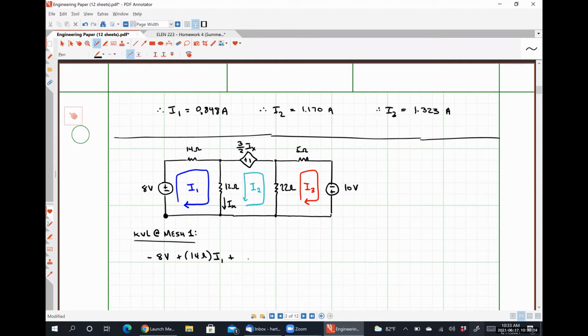Next, I see my 12 ohm resistor. And it has a current of I1 flowing down through it, because as we follow I1 around its clockwise path, it's going down. But as we follow I2 around its path, it's also going down. So that means that we're going to have 12 ohms times I1 plus I2 this time. And set this equal to 0.